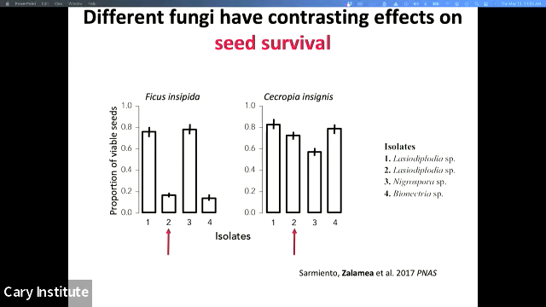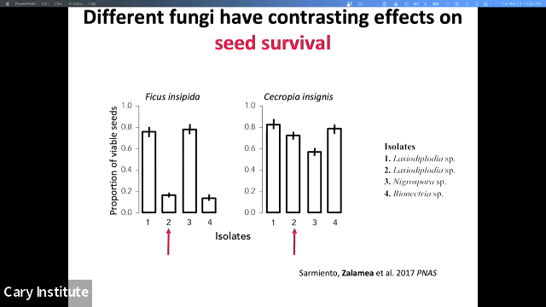And we used 4 different fungal isolates, and here we have names for those interested in fungal taxonomy. Let me show the results for Ficus insipida. What we see is that all the isolates were able to infect those seeds in the inoculation experiment. That's the first result. But the second result is that different isolates do different things.